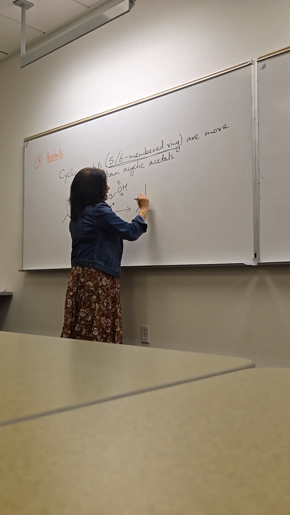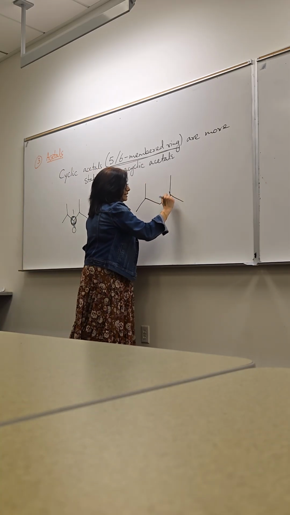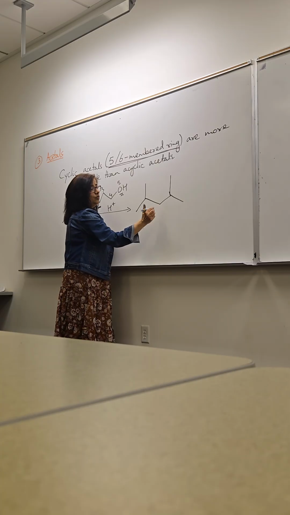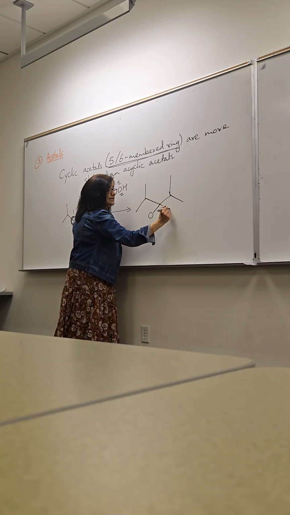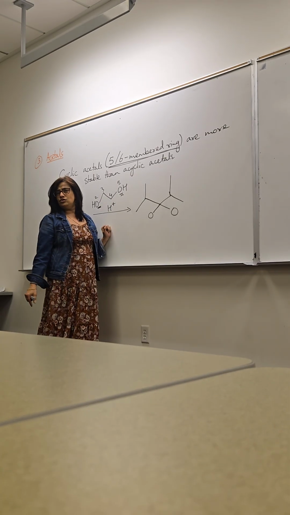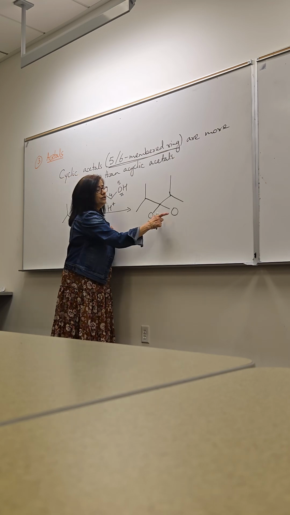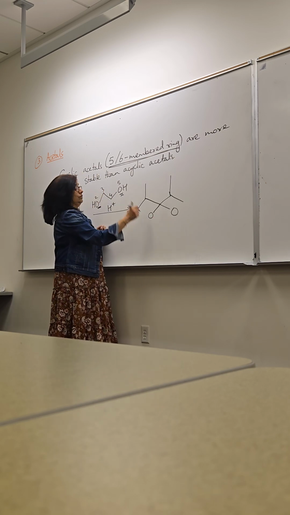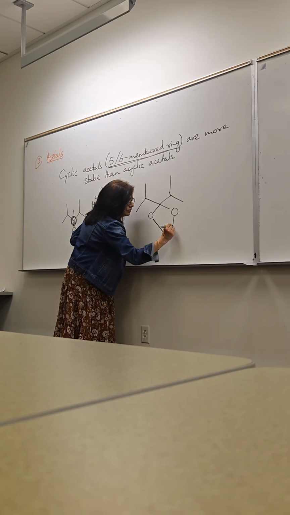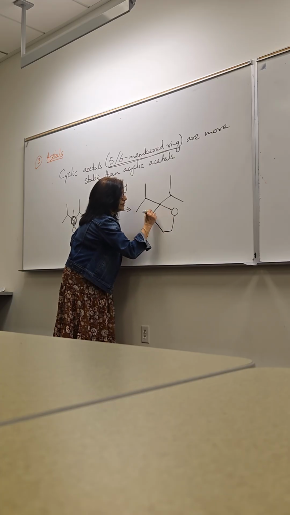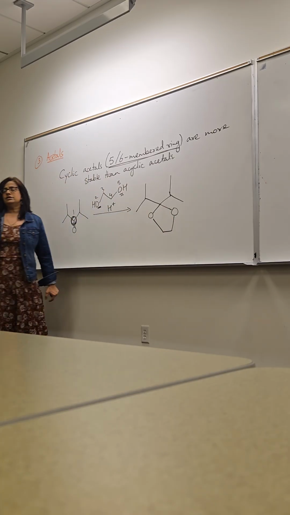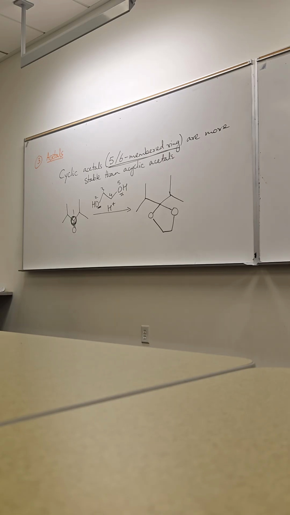What would that look like? That's my carbon 1, which is the acetal, so it has to be connected to 2 oxygens, right? And what are these 2 oxygens connected to? 2 carbons. 2 CH2s. It's a 5-membered acetal. Let's write a mechanism.